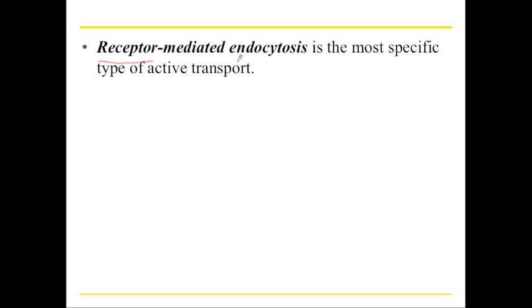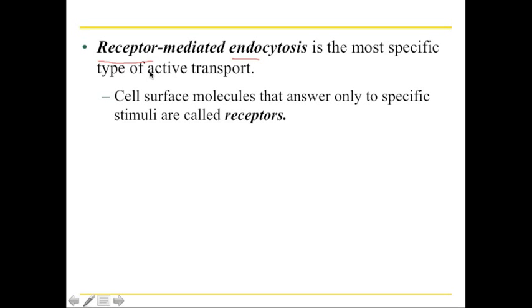Endocytosis is to bring things into the cell. So it brings things into the cell, but using a receptor, and this receptor only brings in particular types of molecules, because those may be the things that particular cell needs.